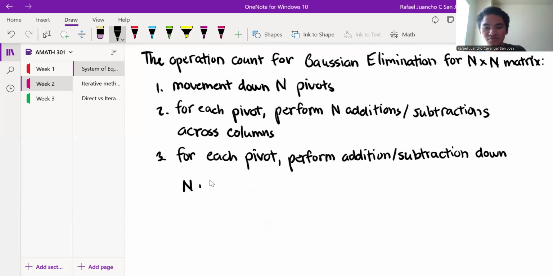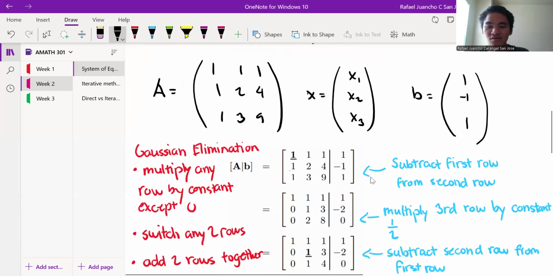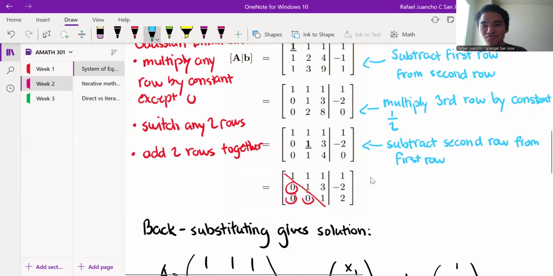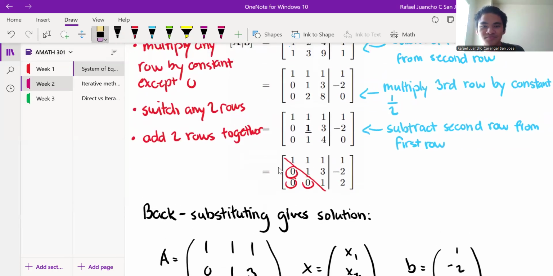Here we did 1 row, here another row, and here another row. So that makes 3, or N in general, in order to get to this stage.